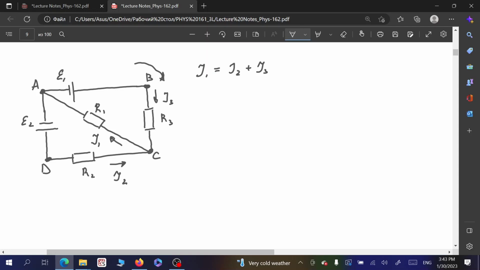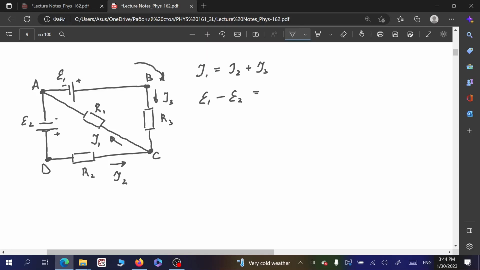We see that the electromotive force is plus minus, so it's in the direction of the chosen path. So it will be epsilon 1 minus epsilon 2, because within this loop they are faced against each other. So if we choose clockwise direction as positive, then epsilon 1 is positive, epsilon 2 will be negative, plus minus.